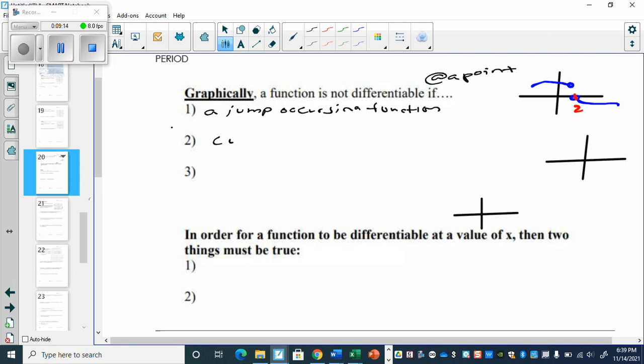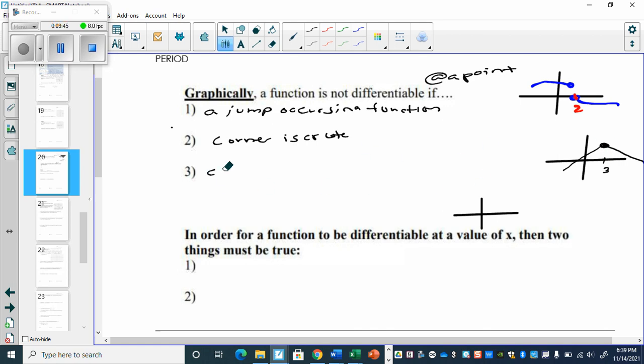if a corner is created, and functions specifically you need to be careful about are absolute value functions typically, but let's say I wanted to know whether a function was differentiable at 3. Well, if there's a corner at 3, it's not differentiable at that point.